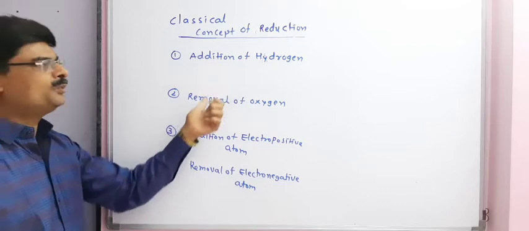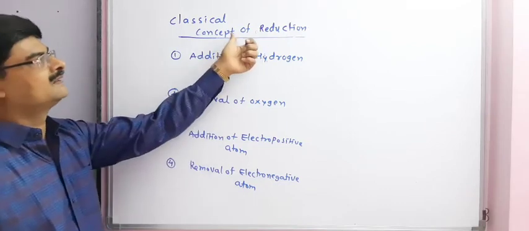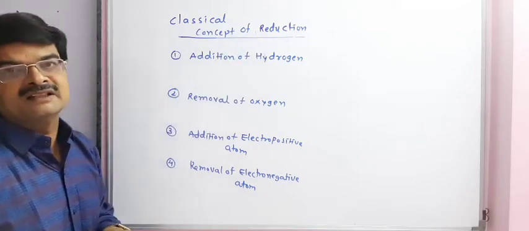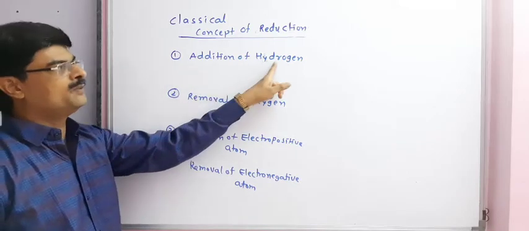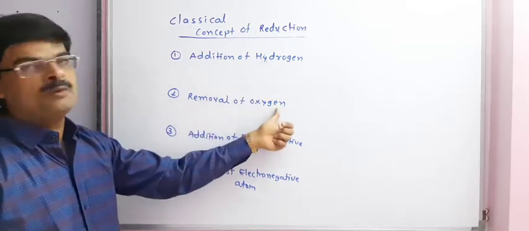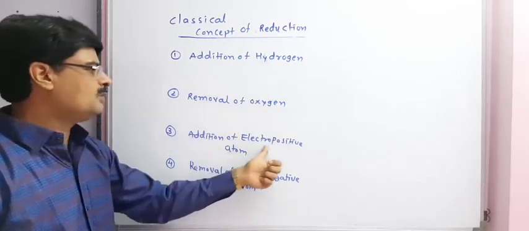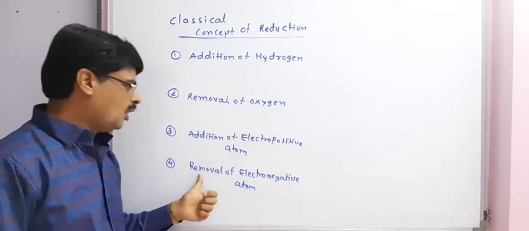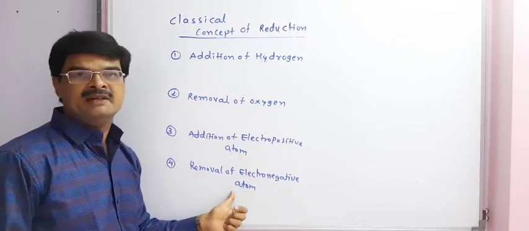So these are 4 possibilities as far as classical concept of reduction is concerned. Addition of hydrogen or removal of oxygen, or addition of electropositive atom or removal of electronegative atom.